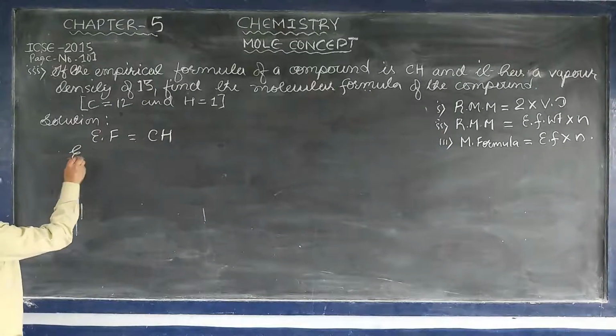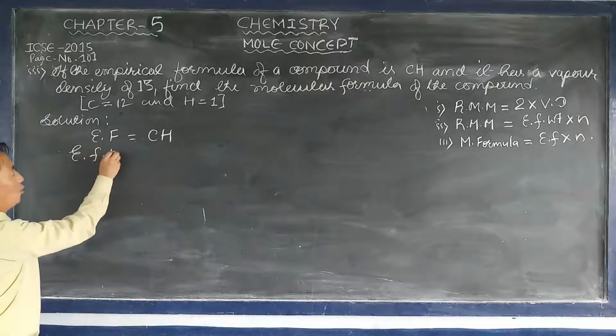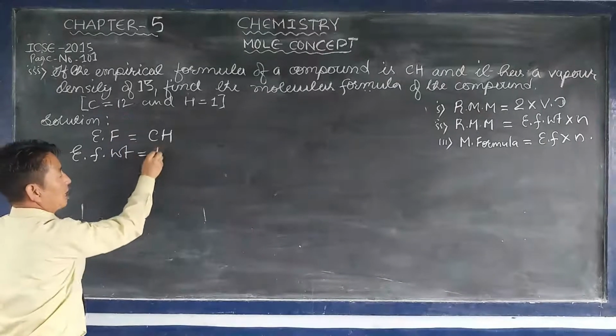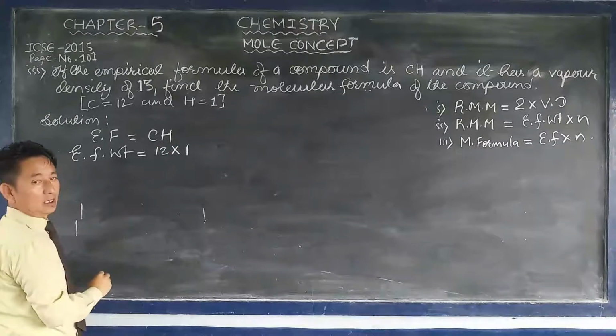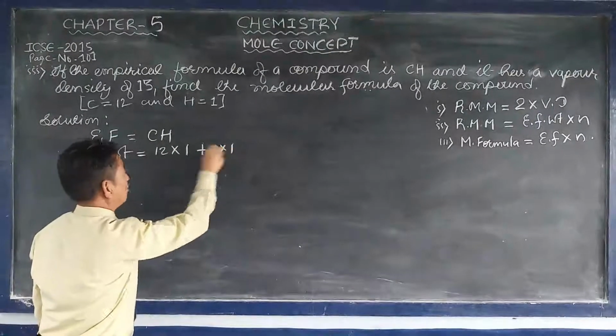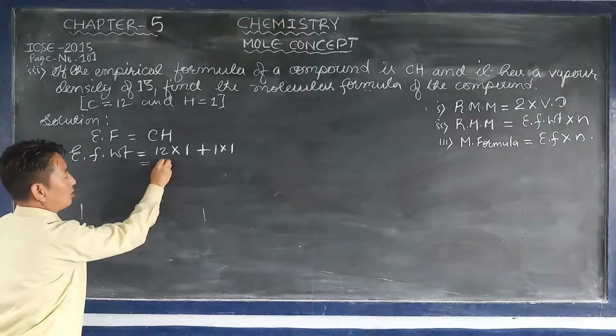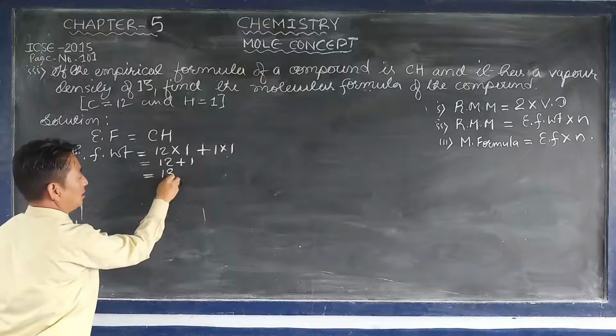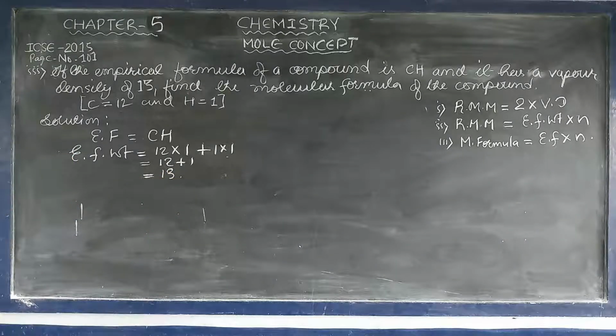And we will find out the empirical formula weight of this compound. Carbon 12 into 1 plus hydrogen 1 into 1 atom. So 12 ones are 12 plus 1 into 1, 13. Here, empirical formula weight of the compound is 13.